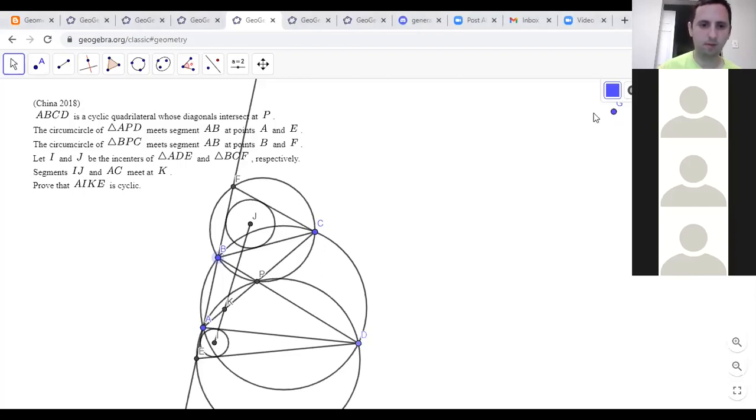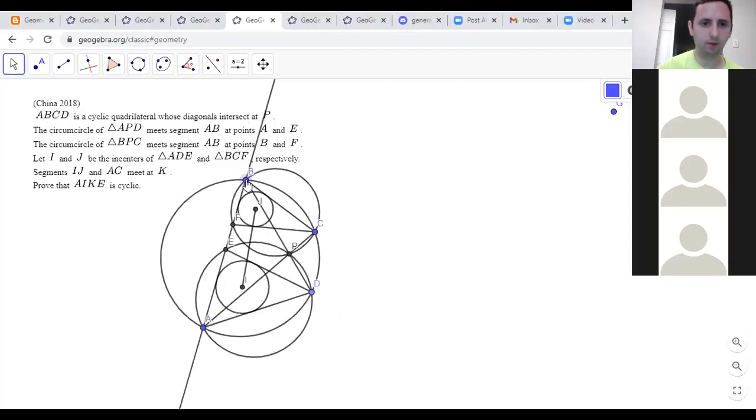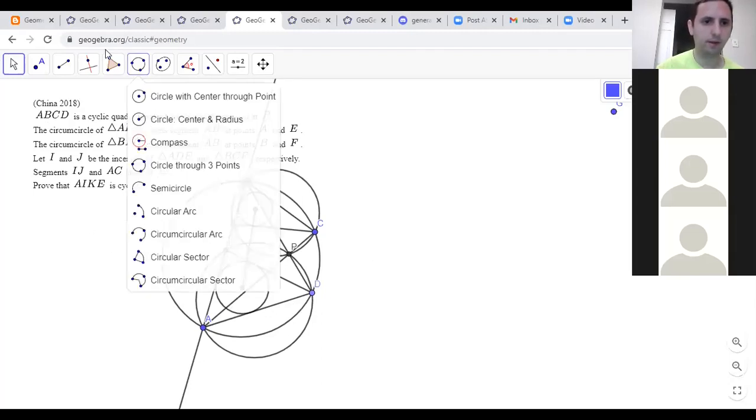What if AB is longer than CD, like that? Maybe the word segment has its importance, because now it kind of looks like it is true.